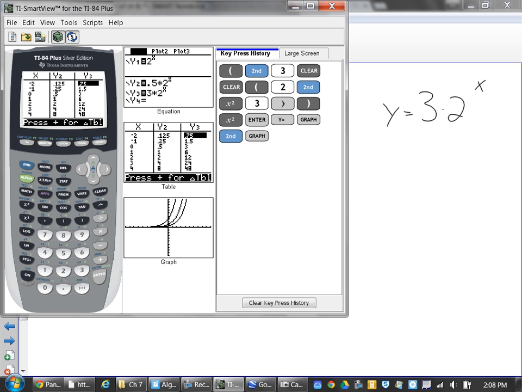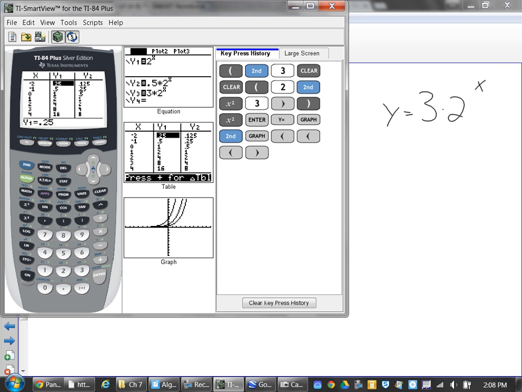But what I want you to notice here: when you're finding a y-intercept, what is your value of x always going to be? 0. You guys okay with that? The y-intercept, your x value is always 0. So take a look at your y-intercepts. Let me reset my table here.